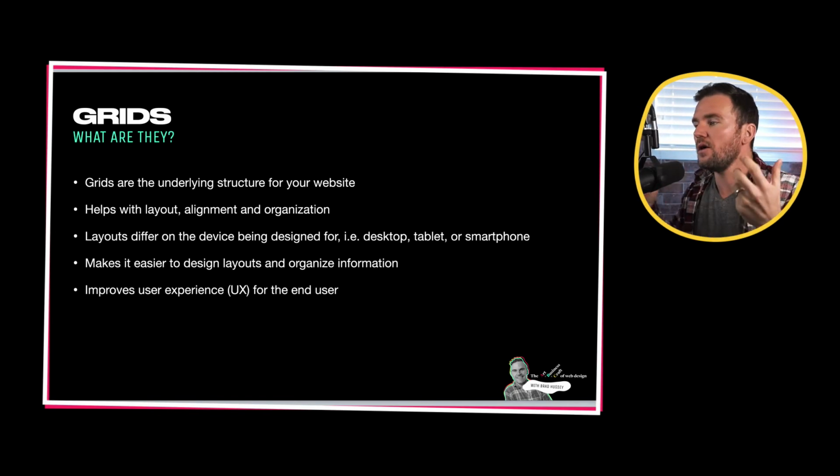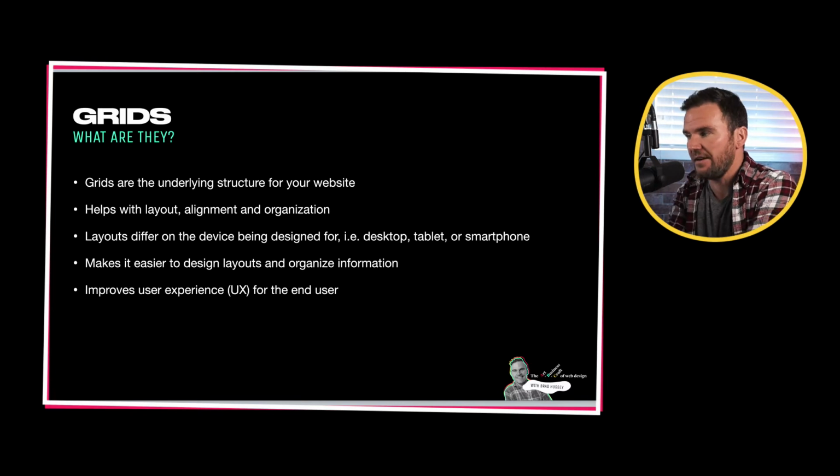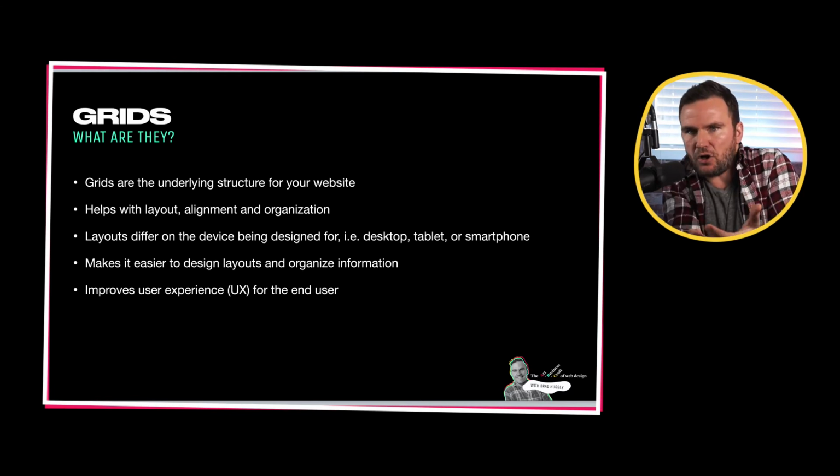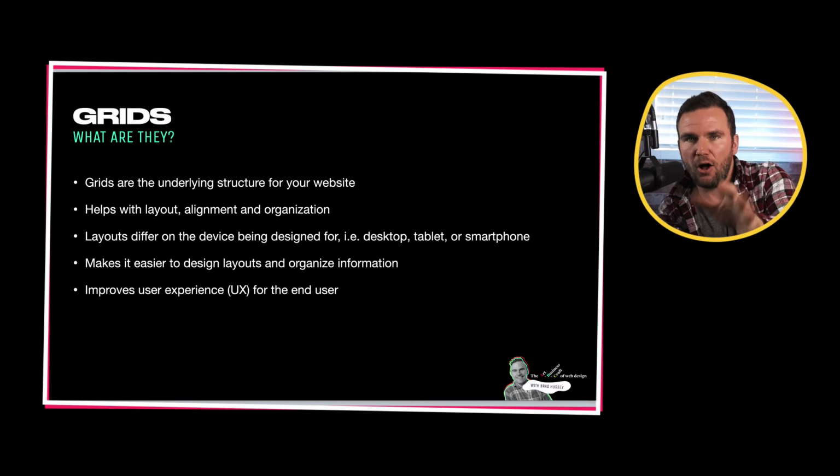Now, also, it makes it easier to design layouts and organize information. When you're working with a grid underlying everything, the front-end user doesn't really see the grid. They interact with it, but it's in the background. It's like a blueprint, the underlying structure, the frame, and it helps to organize information.